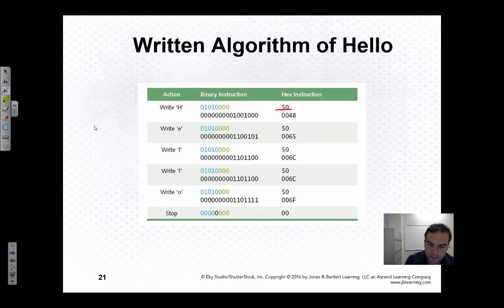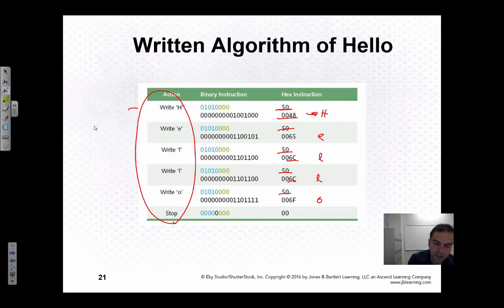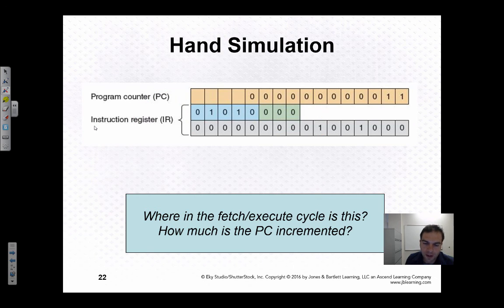So this is 50 character output, and it's going to output this, which is the ASCII character code for H. And we're doing that same instruction multiple times in a row to output H, E, L, L. See, it's the same thing twice, and O. So this program is just designed to, one after the other, write H, E, L, L, O. It's a pretty typical example of a first program. It's writing the Hello World.